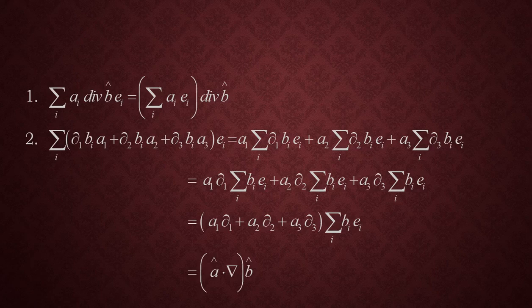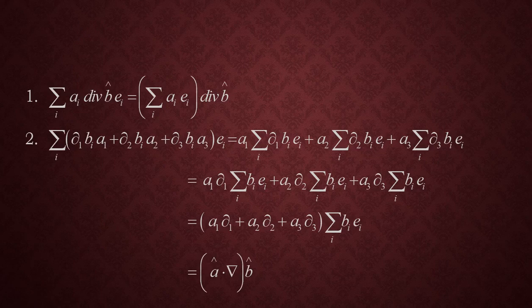From these summations we can take out A1, A2 and A3. Then it becomes summation sigma over i (A1 ∂1 B_i plus A2 ∂2 B_i plus A3 ∂3 B_i) times e_i equals A1 ∂1 sigma B_i e_i plus A2 ∂2 sigma B_i e_i plus A3 ∂3 sigma B_i e_i.